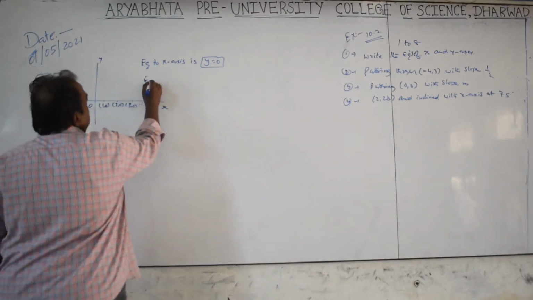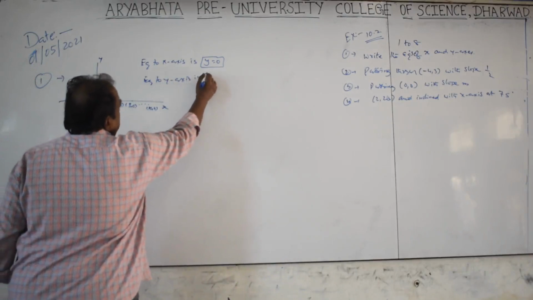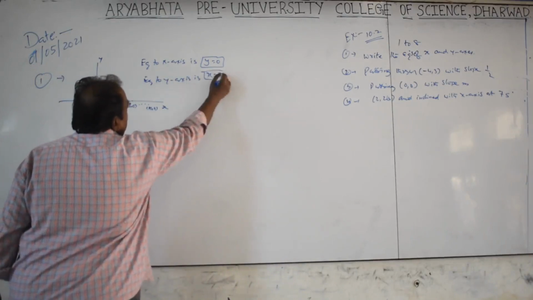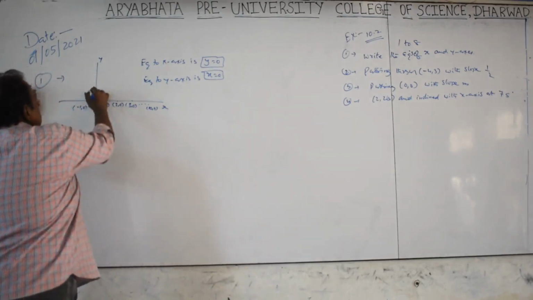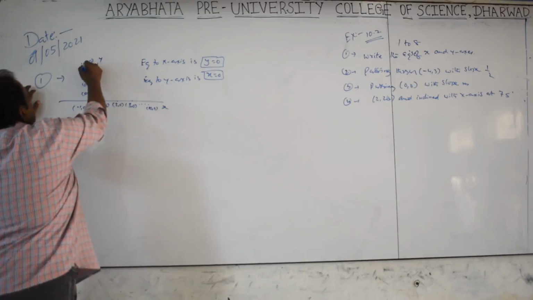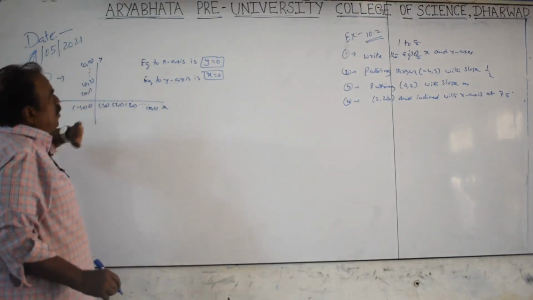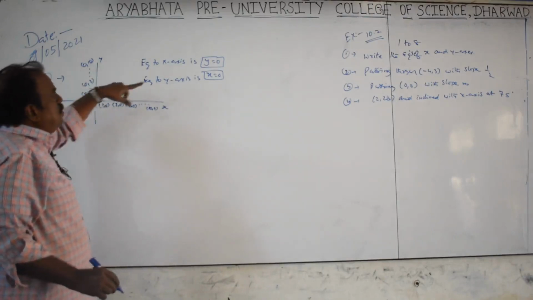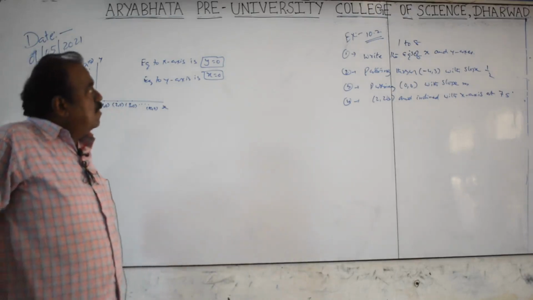Similarly, the equation to the y-axis, we know it, is x is equal to 0. Any point on the y-axis is 0, 1, 0, 2, like that it goes on, 0, 10, and negative values are also there. So x is equal to 0. X coordinate is 0 means it is the y-axis. Okay? That is the reason.